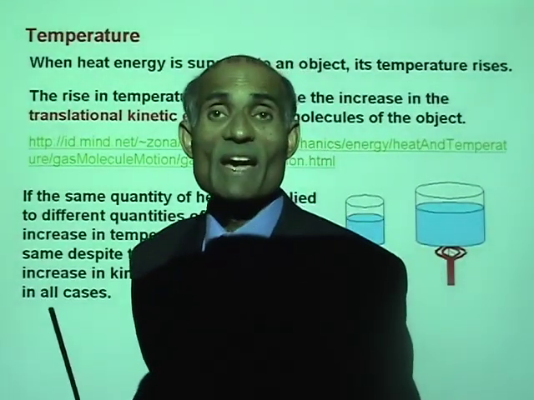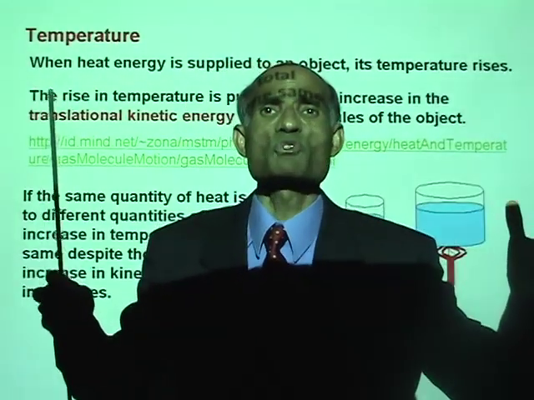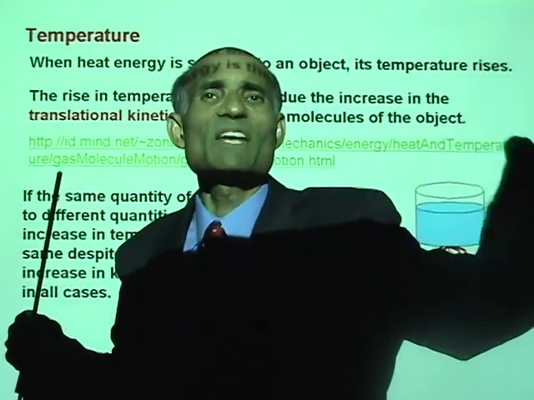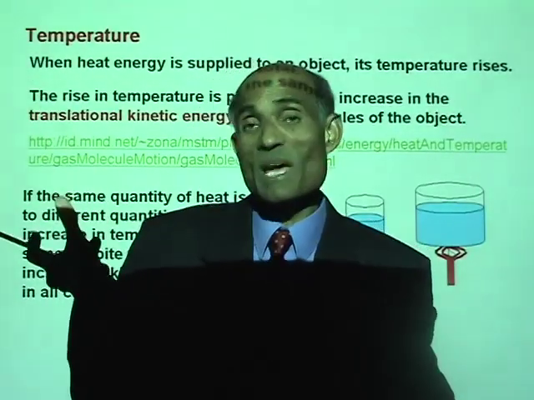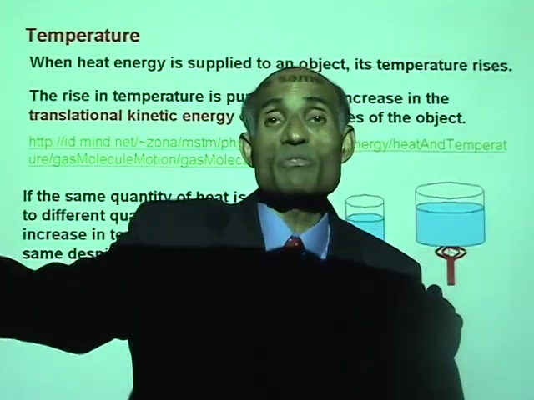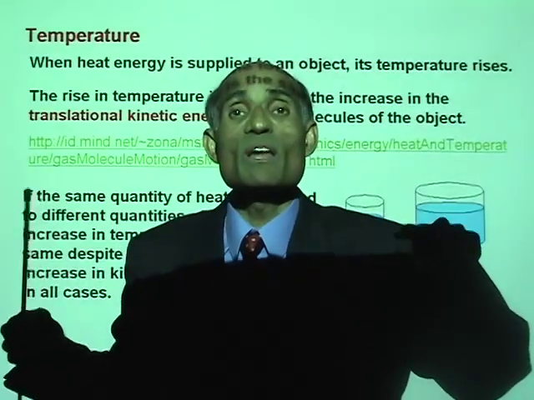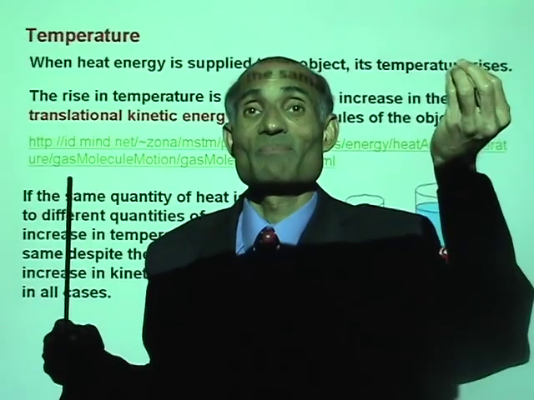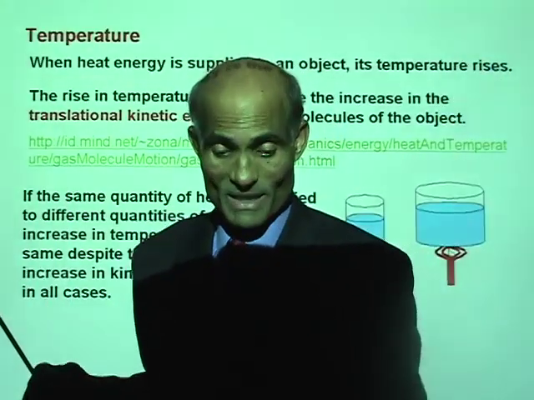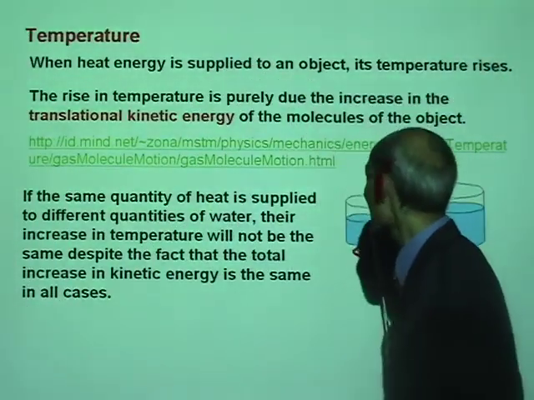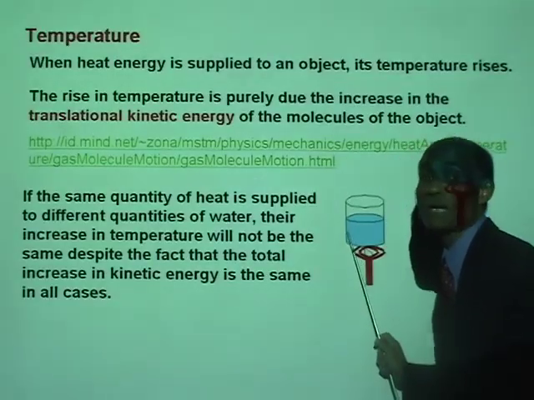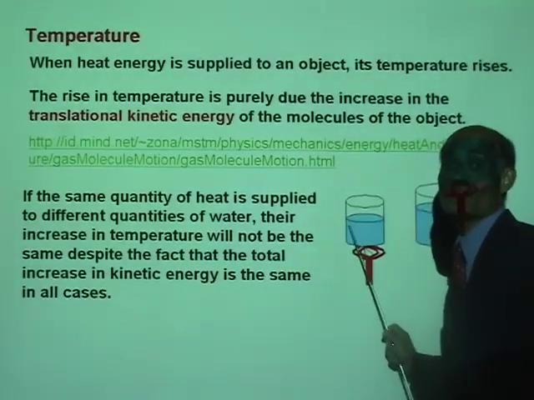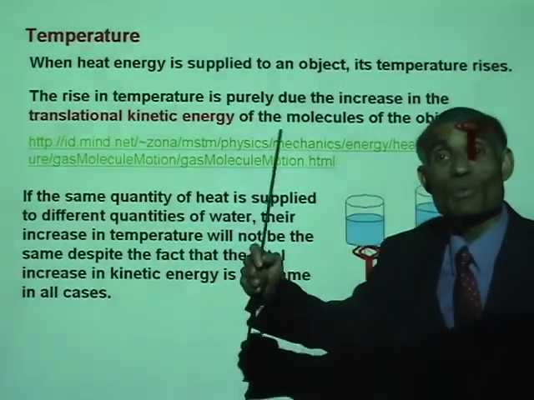Now, if I give a big packet of chocolate to a group of 10 students and the same packet to a group of 100 students, where will the number of chocolates per student be greater? In the smaller group. In the same way, the amount of heat gained by each molecule in the smaller beaker is greater.